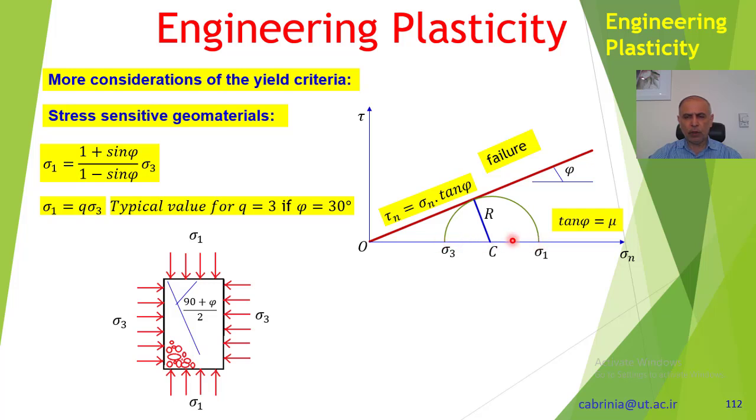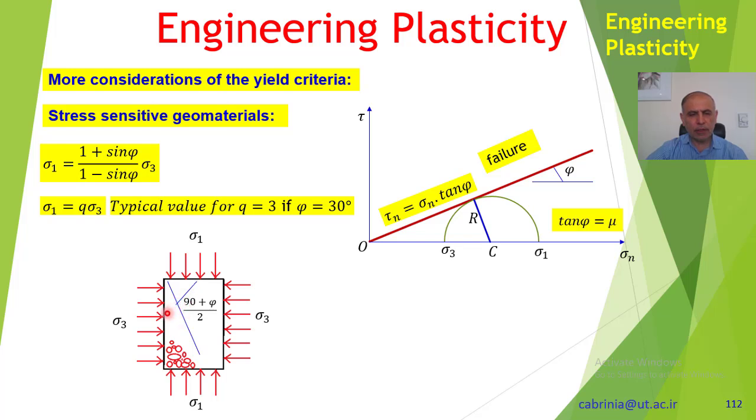So sigma 1 relative to sigma 3 is 180 degrees. But in the physical actual problem, we have these planes, that is sigma 1 plane, that's sigma 3 plane, which is 90 degrees. So 180 degrees, 90 degrees. All the angles in here should be divided by 2 in the physical problem. What I have shown here is a plane. This line, in fact, represents a plane.